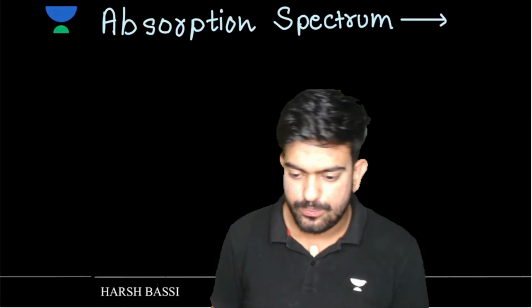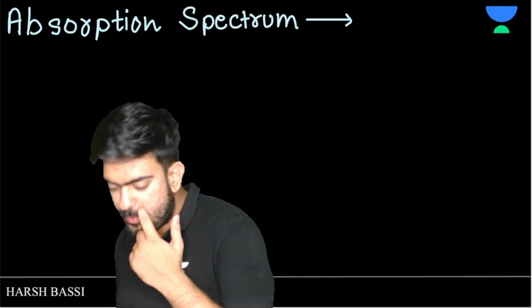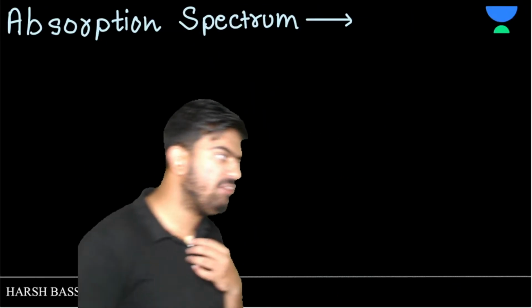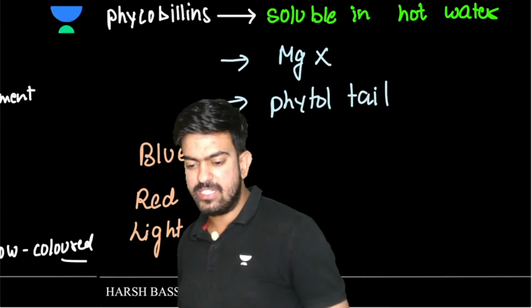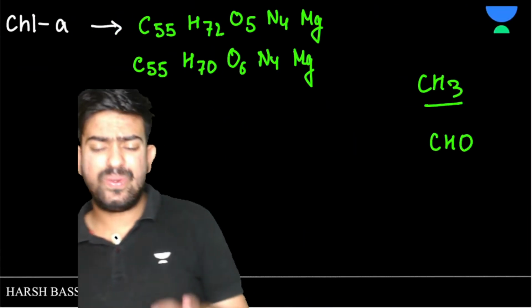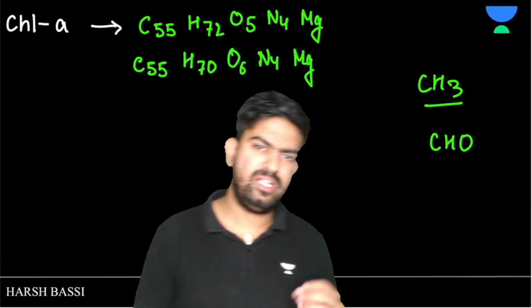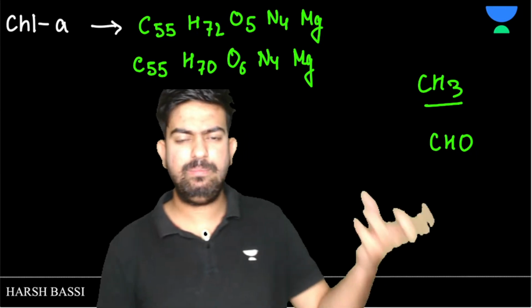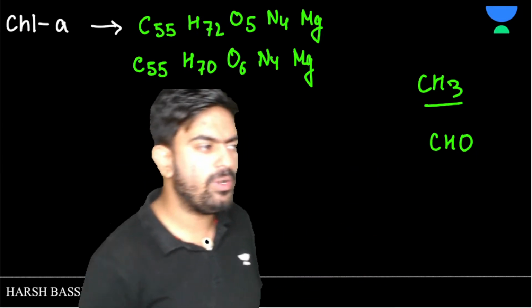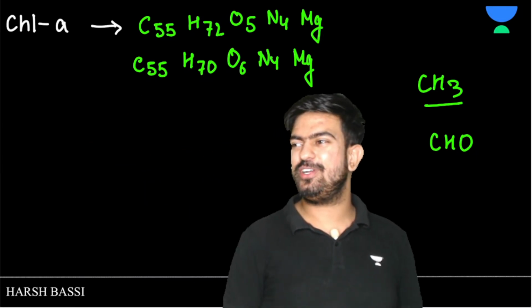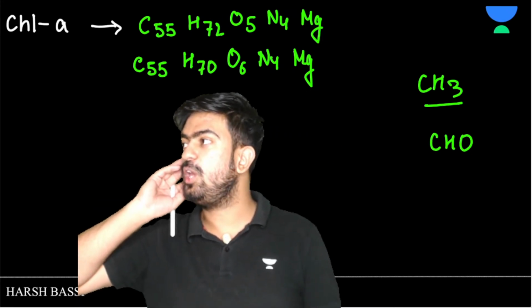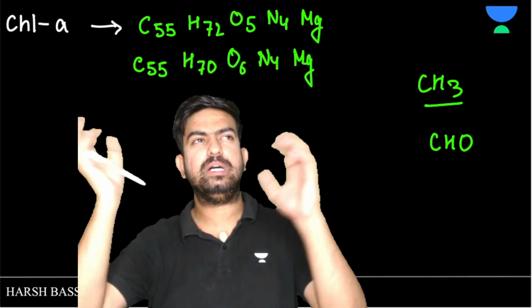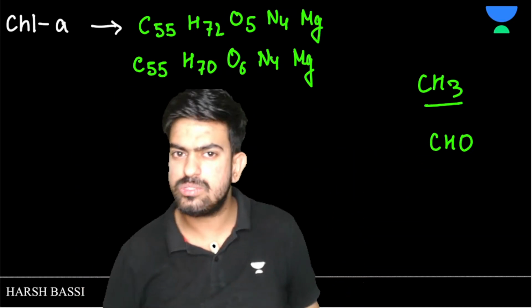Okay. Now let's talk about the absorption spectrum, which is again a very important part. Whatever we have discussed so far, the questions can't be conceptual, right? They can be fact based or memory based. If they ask for the formula for chlorophyll, you don't have to apply concepts.